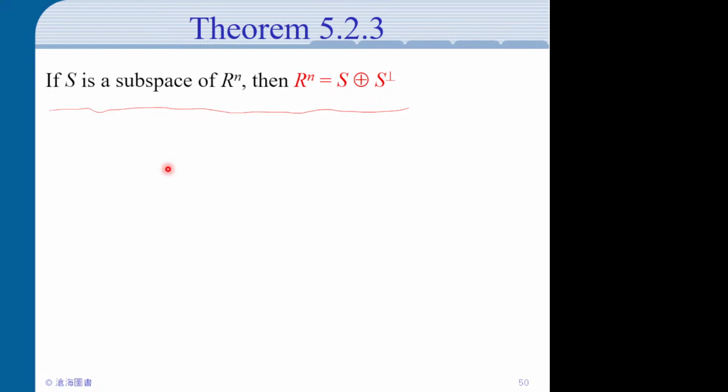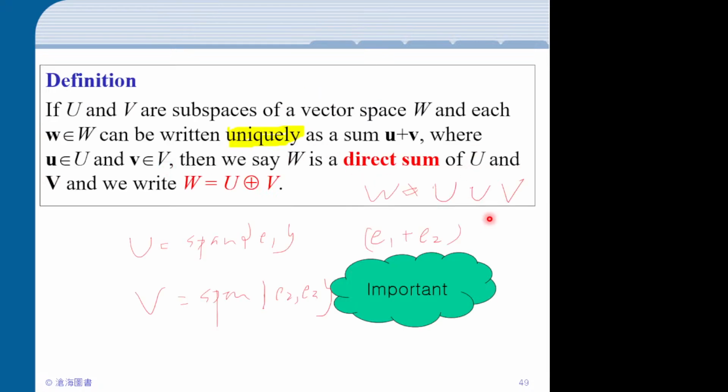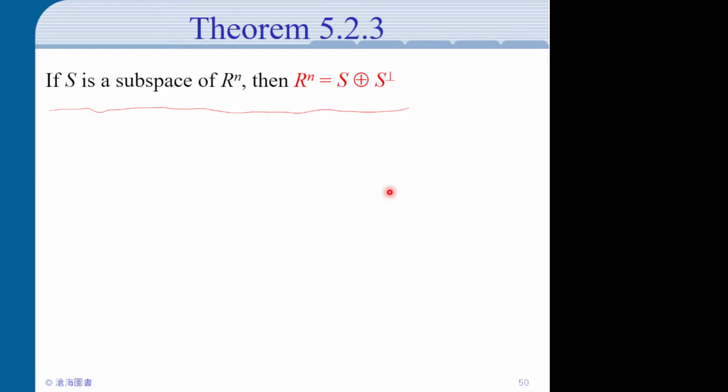So we say the union of U and V doesn't become W, but we want the basis of U union the basis of V to become a basis of W. Or let's talk about Rn. Then we want the basis of S union the basis of S complement to be a basis of Rn.